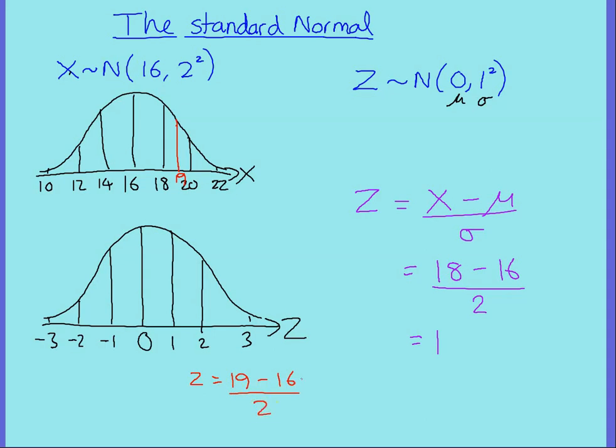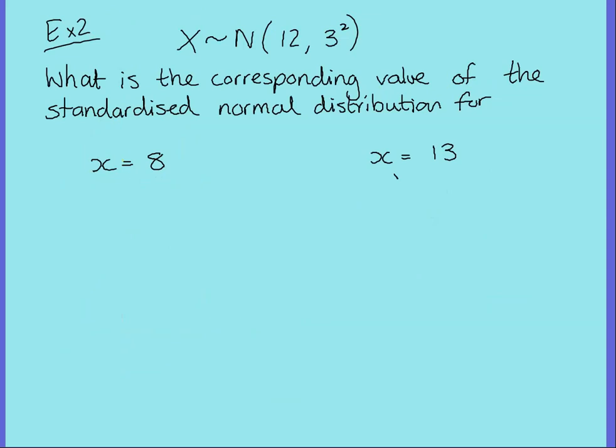So it's 1.5 standard deviations above the mean. If we got a result out, let's just change color again, and that result was minus 0.872, that would mean the corresponding value up here is 0.872 standard deviations below the mean. Okay, that's what's useful.